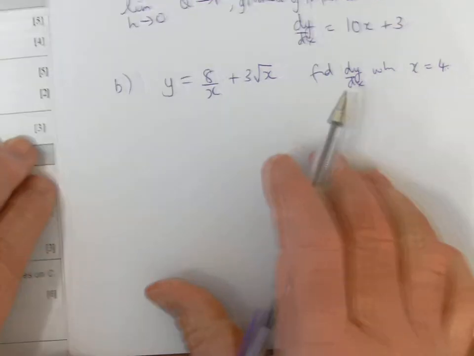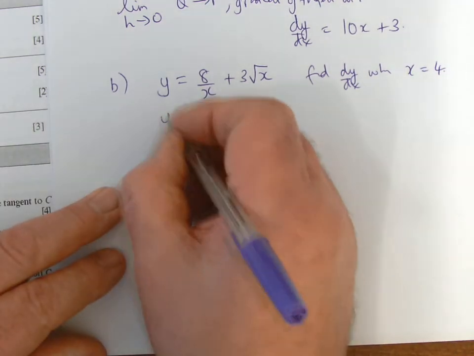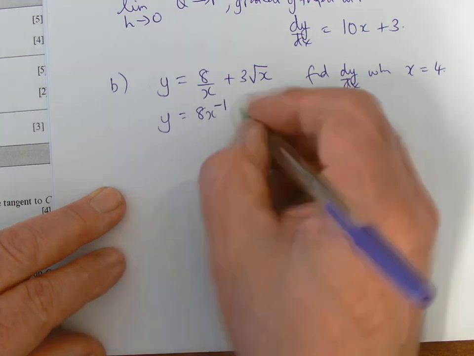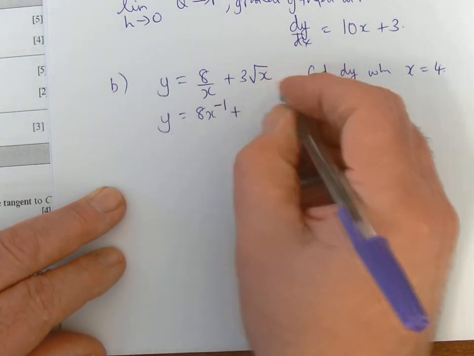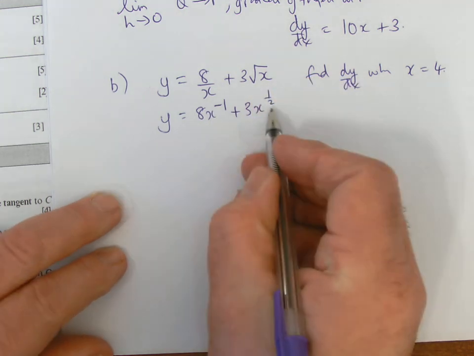Okay, now we're using the rule now, so I need to get the powers. So x on the bottom goes up on the top, so that's 8x to the power minus 1. And the second term, square root of x is x to the half. So I've rewritten it with the powers.